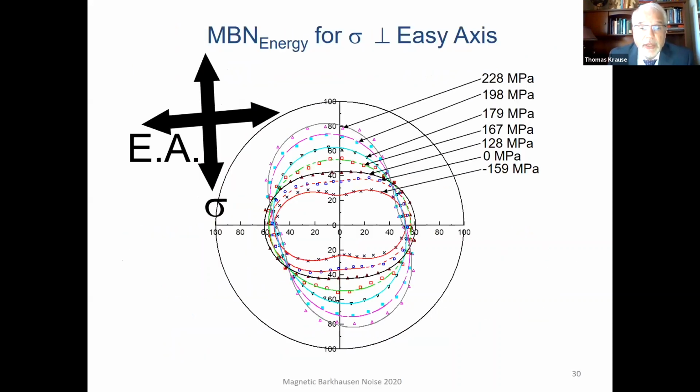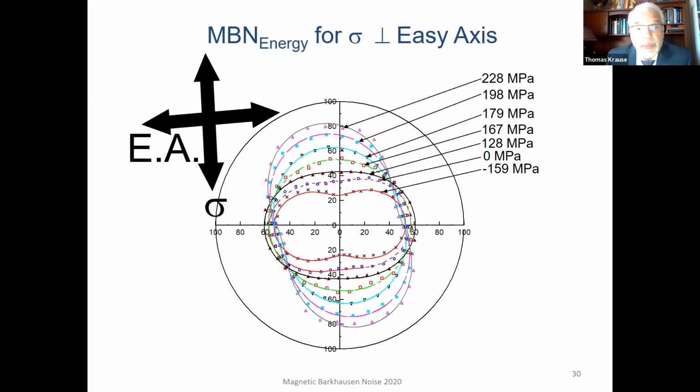So in this particular example, we're applying a stress perpendicular again to the easy axis direction, just like the one that we saw before. This particular sample was an octagonal sample, so the stress was not purely uniaxial, it was a little bit biaxial, but nonetheless still shows some of the basic properties.